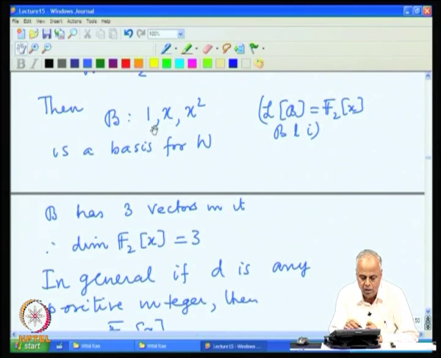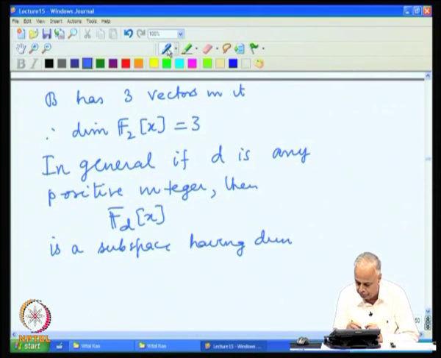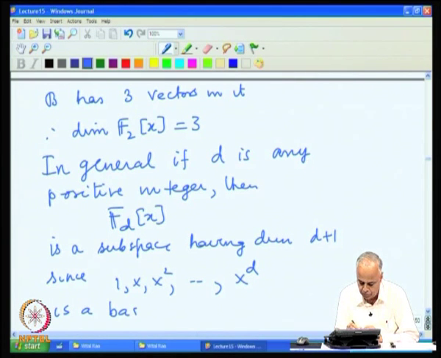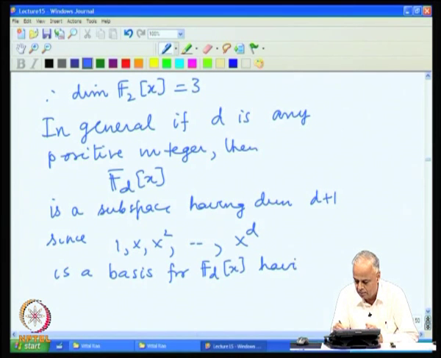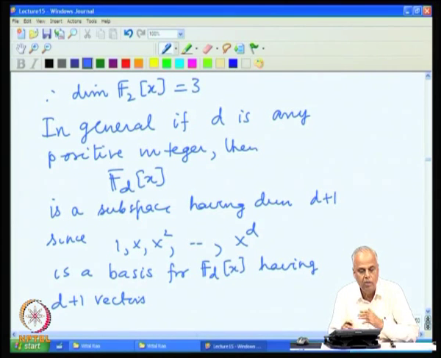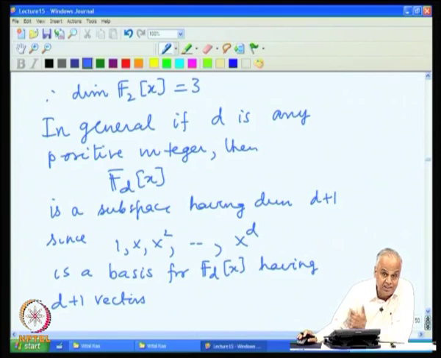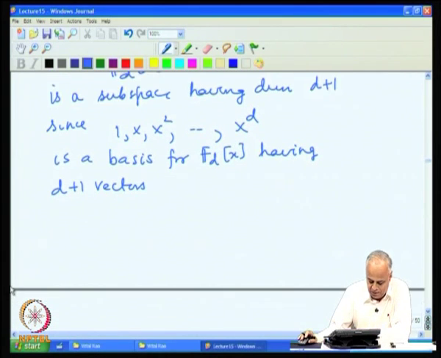When we have F 3, 1, x, x squared, x cubed will be a basis. When we have F d, 1, x, x squared, up to x to the d will be a basis, and it has d plus 1 vectors. So, we have a large number of finite dimensional subspaces sitting in this infinite dimensional space.